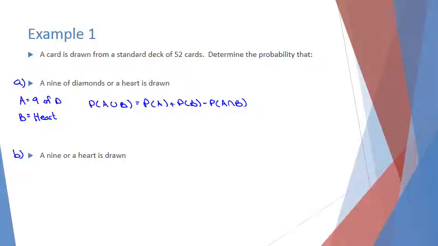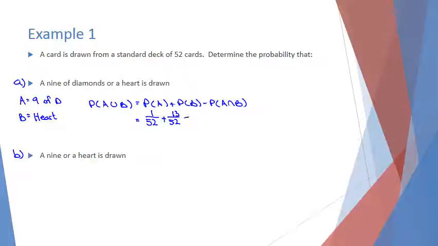So the probability of A, what's the probability of pulling a 9 of diamonds? Well, you have to ask yourself, how many 9 of diamonds are there? There's only one 9 of diamonds, right? So we'd say 1 over 52. Now, how about B? B was heart. What's the probability of pulling a heart? How many hearts in a deck? There are 13 hearts in a deck. So 13 over 52.